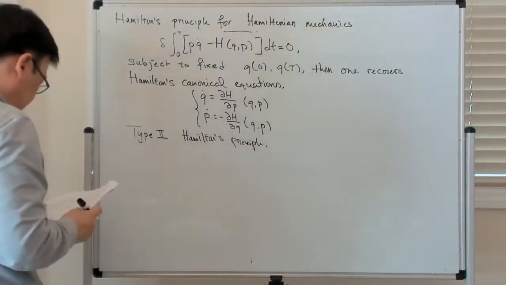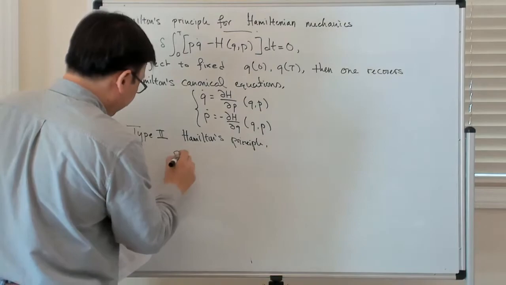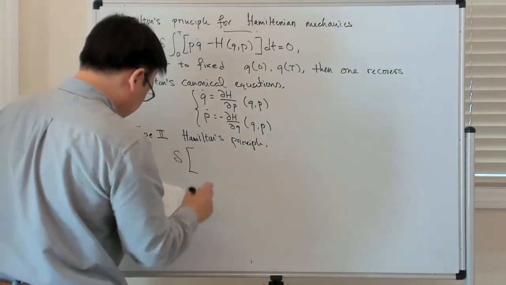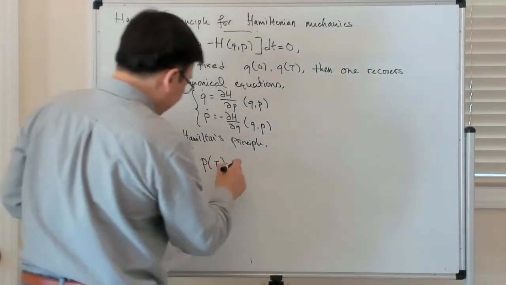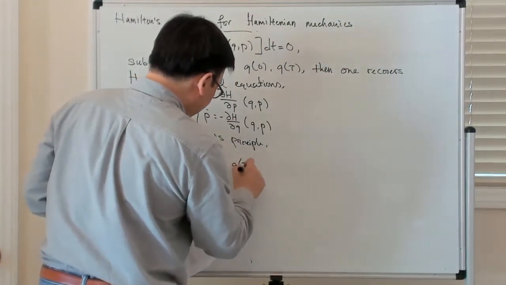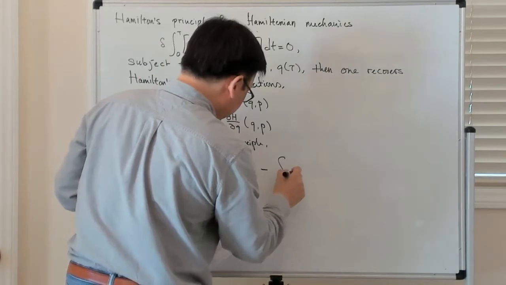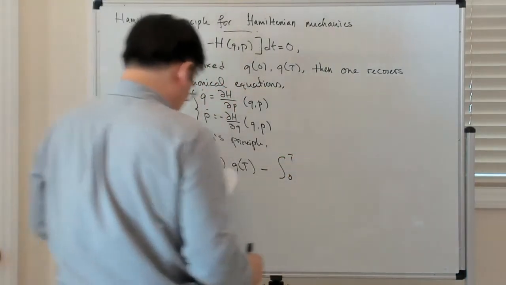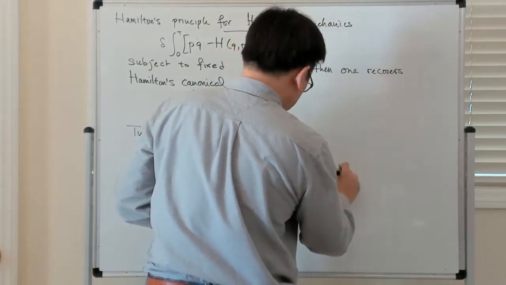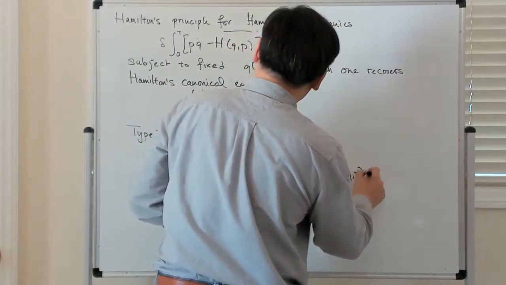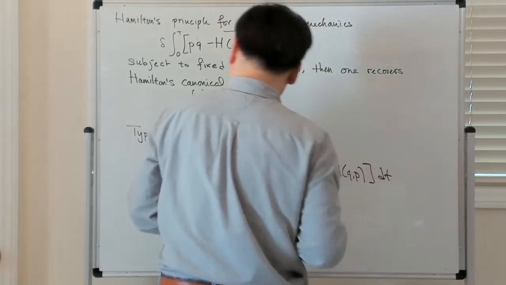Okay, so what you want to do is you want to take variations of this thing, which is the position, the momentum at the final time, the position at the final time, minus the integral from 0 to the final time of this p q dot minus H(q, p) dt.